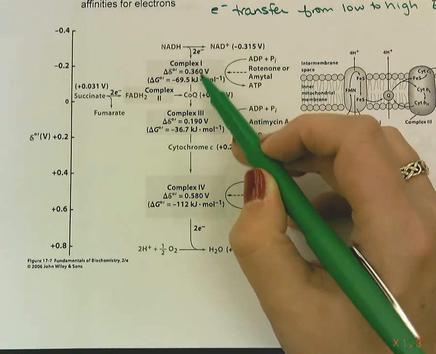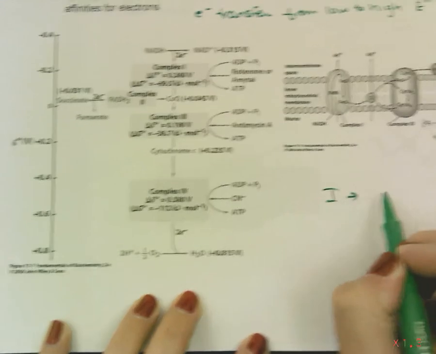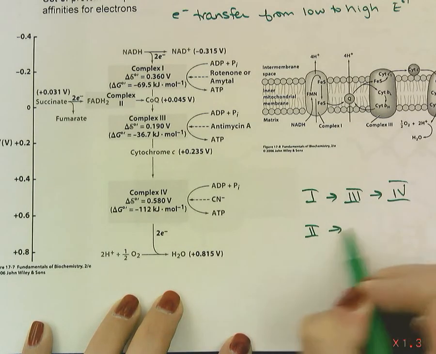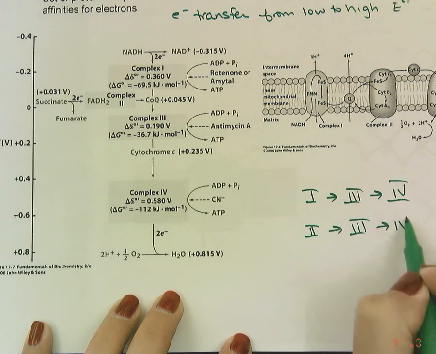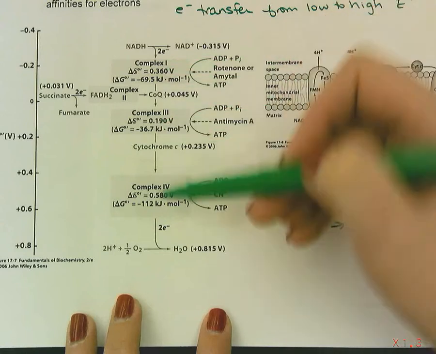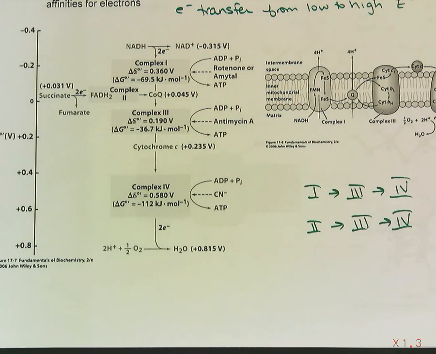Once we get through complex 1 to complex 3, you can either go 1, 3, 4, or you can enter from 2, 3, 4. That's the order of the complexes. So 2 different ways through the path.